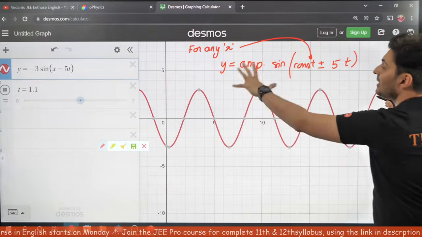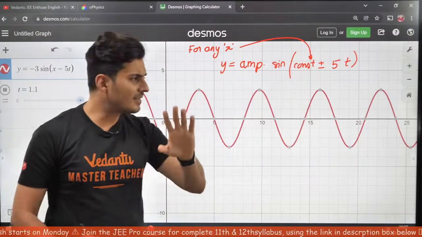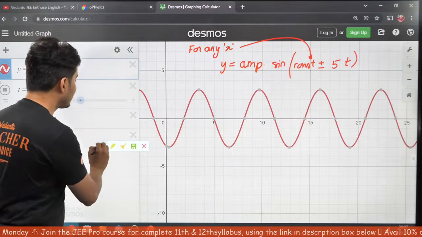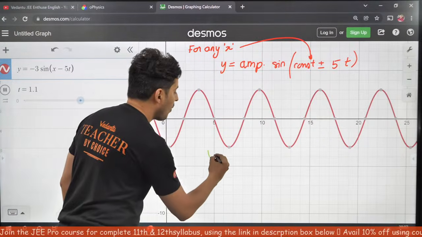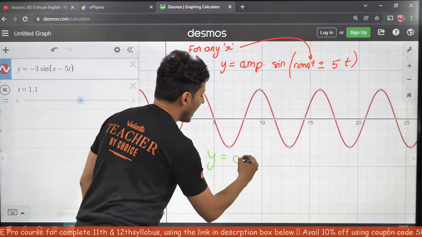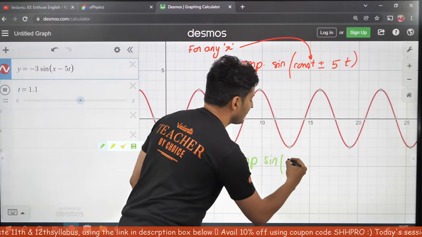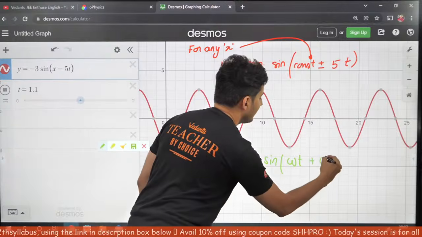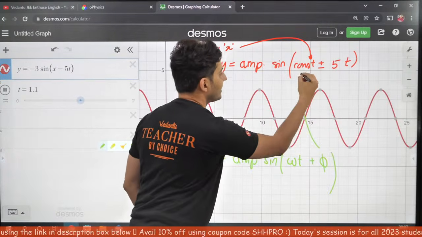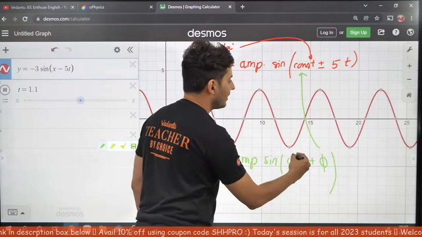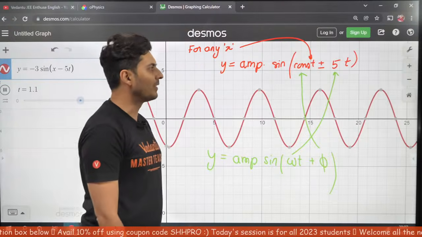What do you think this equation looks like? This resembles just like your SHM equation. Y is equal to amplitude, you can have sine or you can have cos, and then you have omega t plus phi. This phi is this constant over here and this omega is this 5 over here.